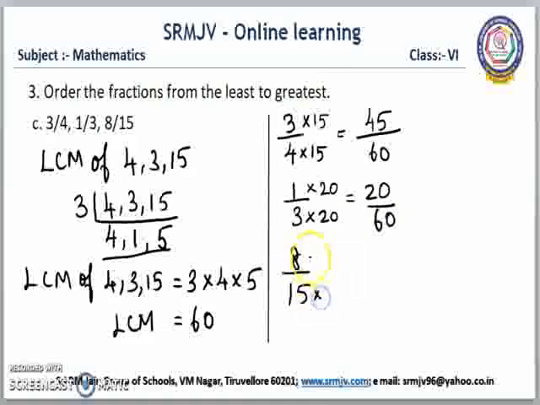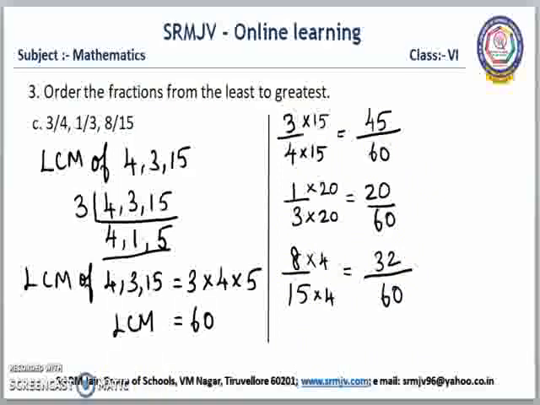In 15 table, when will you get 60? 15 4s are 60. So by the same number, we multiply the numerator. So, 8 4s are 32 by 60. Now we have converted the given unlike fractions to like fractions with the same denominator 60. Isn't it?